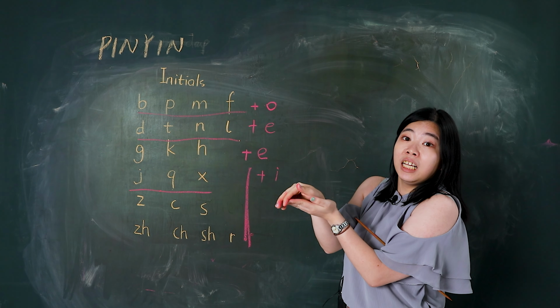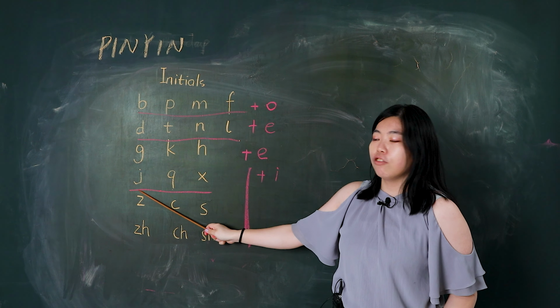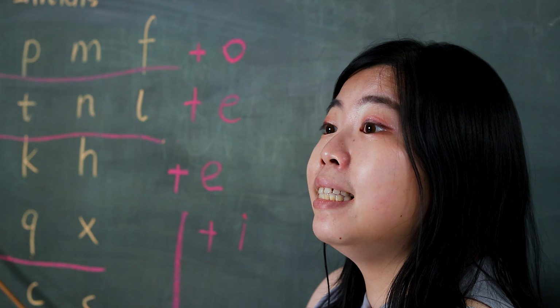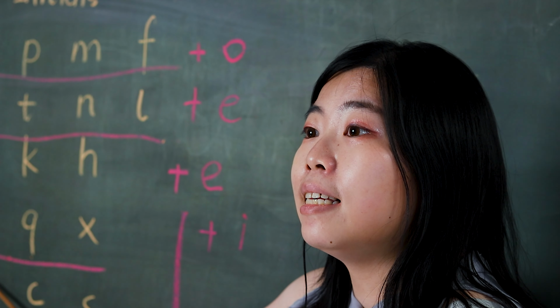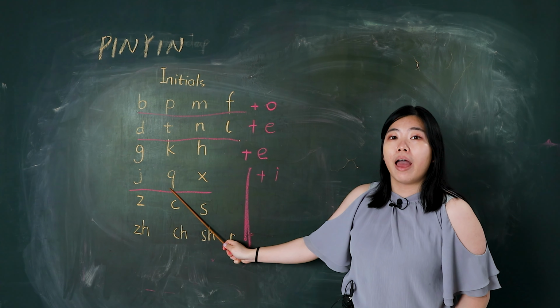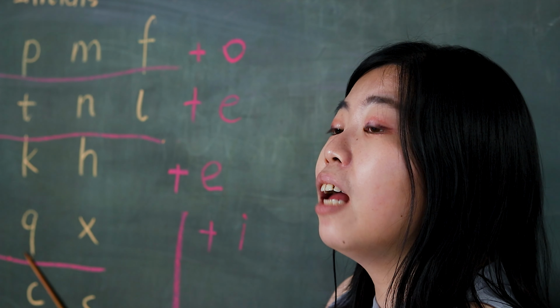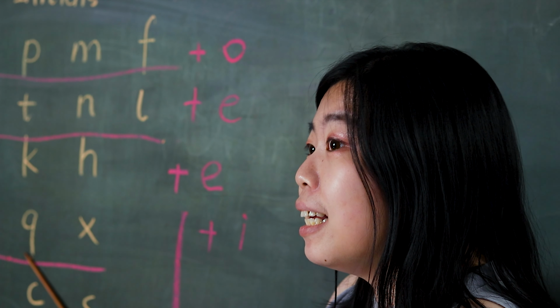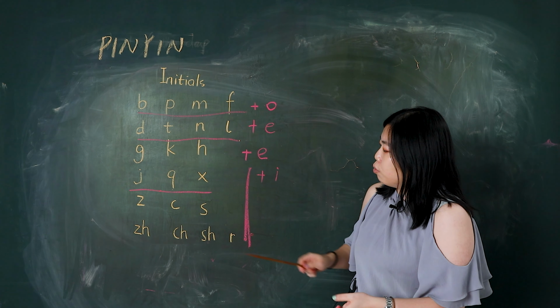So do it. Touch, lift, touch, lift. Ji, touch and lift, pronounce the I sound, ji. And this one, with air flow out, qi, qi, touch, lift, qi. And this one we need to pay attention to.